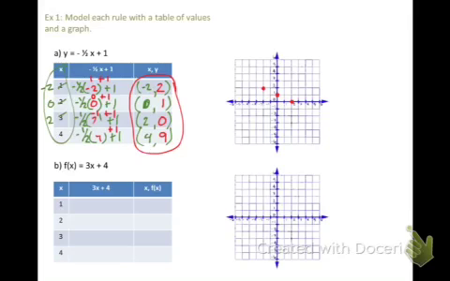Half of 4 is 2, and 2 plus 1... Wow, that was really off. Miss Carson got it wrong. That's negative 1. Now we can graph it with a line. All of these should be lines. These are linear functions. And there's your answer.